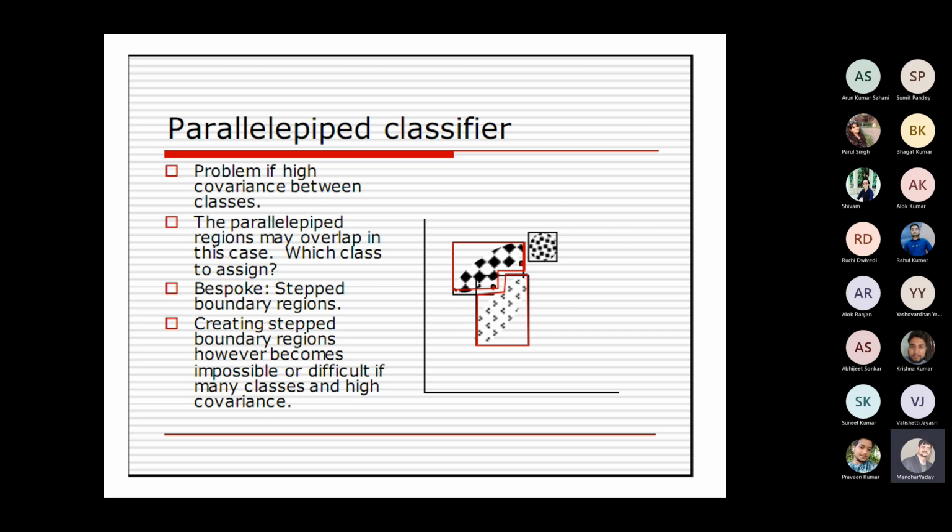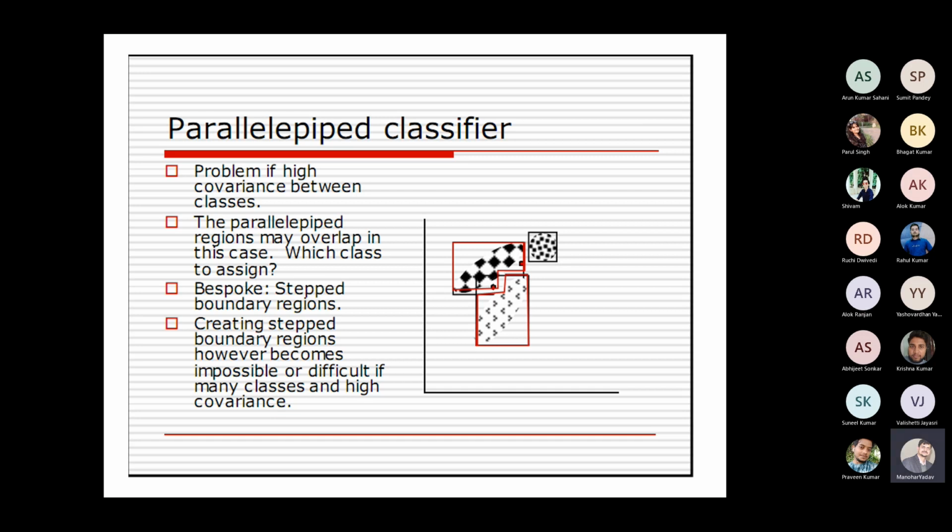However, creating step boundary regions becomes impossible or difficult. The bespoking process, through which we convert a regular boundary to a step boundary region, becomes difficult if the covariance between the object classes is very high and many classes are overlapping.